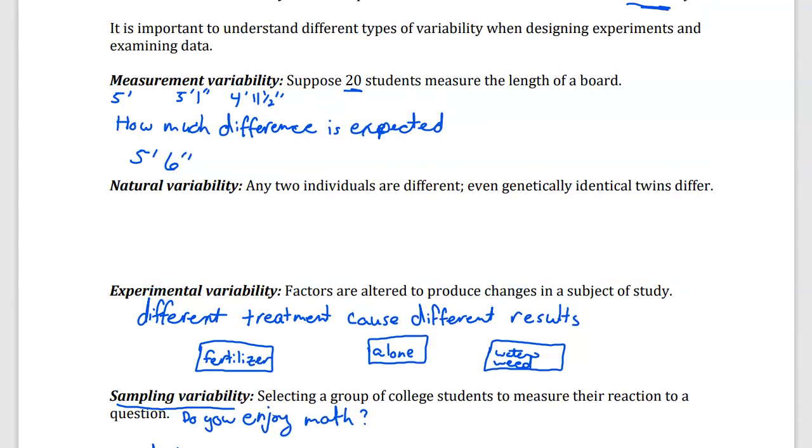Also, with the measurement variability, they should all be probably within a reasonable amount. Okay? And so those are different types of variability that we have to pay attention to when we are designing an experiment. And in the next video, we will talk about some other types of definitions and how to continue with designing the experiment.